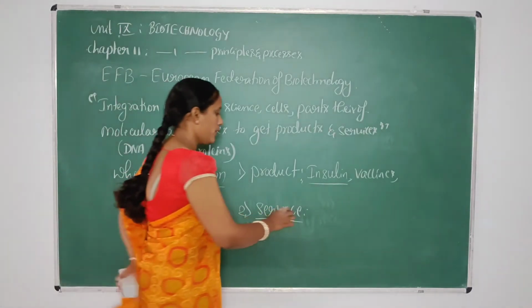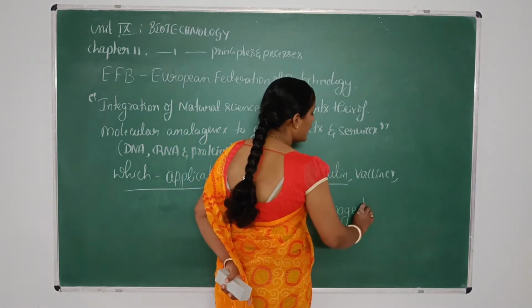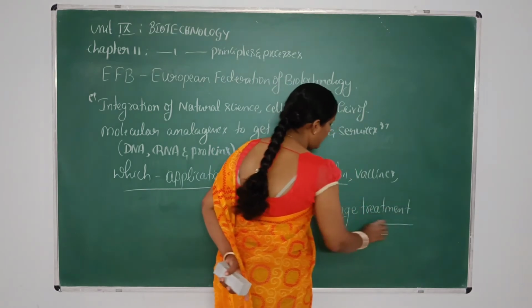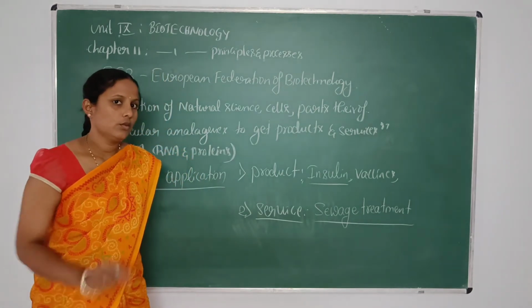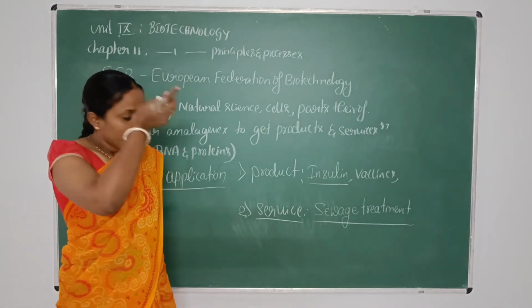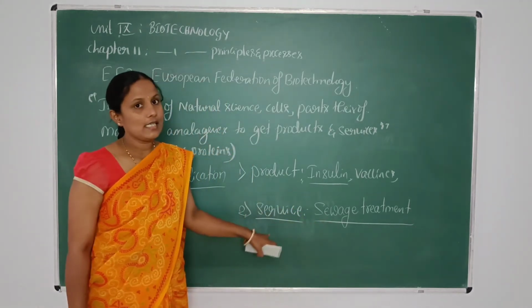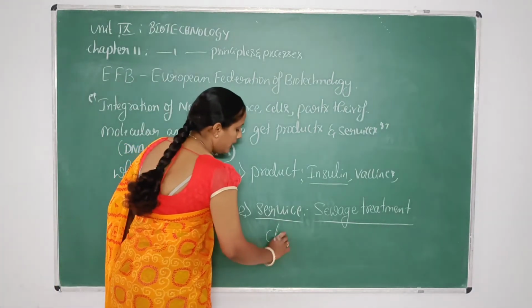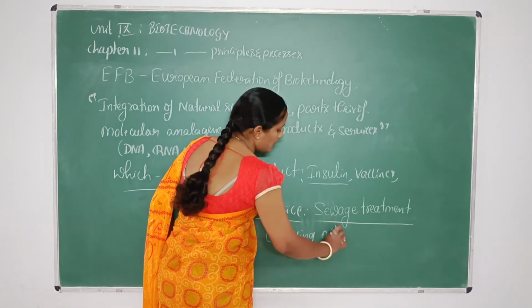So if we are treating sewage by a biotechnological process, and we will be discussing in the upcoming chapters how sewage treatment is done, the things will be studied there. So we are getting a service out of the biotechnological process. So we are calling it service biotechnology. And clearing oil spills.